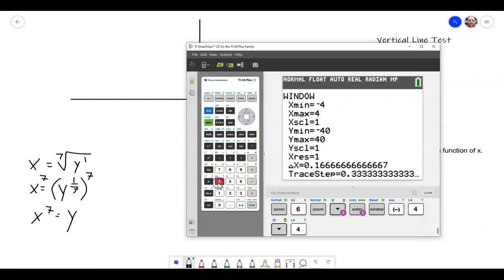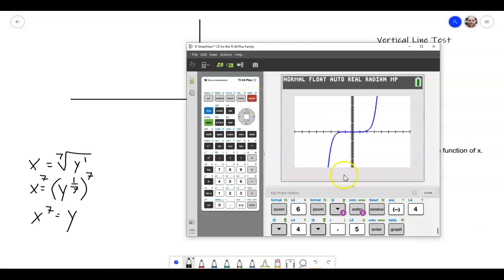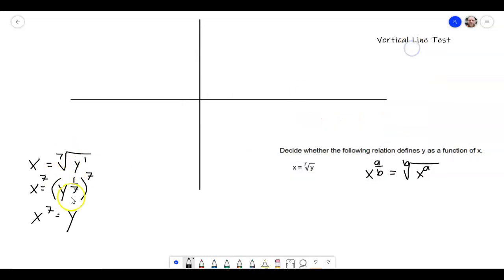So we're going to shrink this horizontally, and we'll do a scale of 0.5. This is just something you'll get used to after a little while. And hit graph, and that looks a lot neater, and you can see that it definitely passes the vertical line test. So this here is a function.